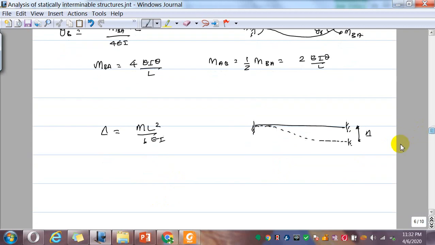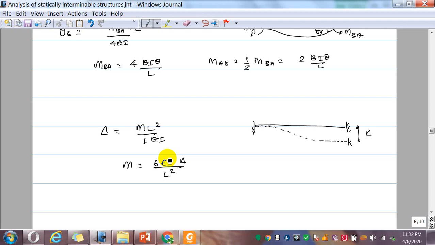So M is equal to 6EI delta over L squared. So these are the equations that relate theta and delta and moments.